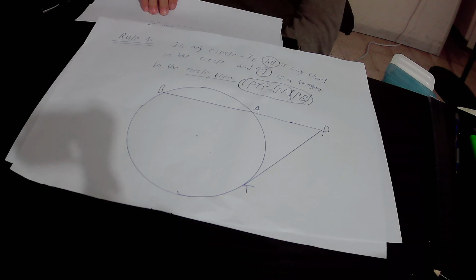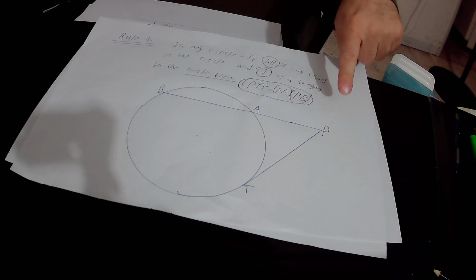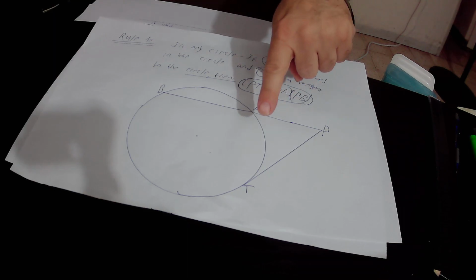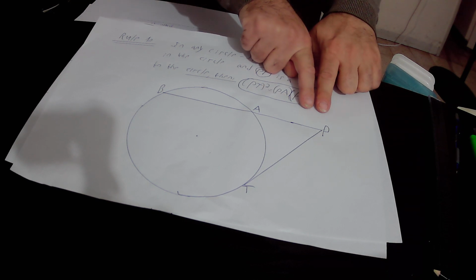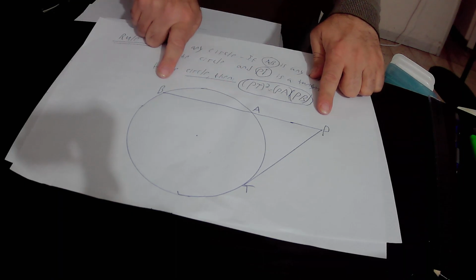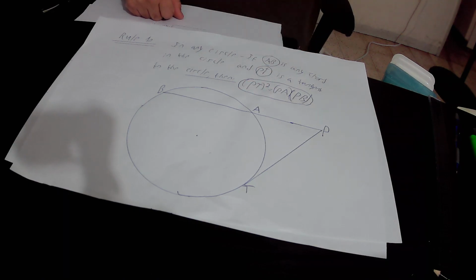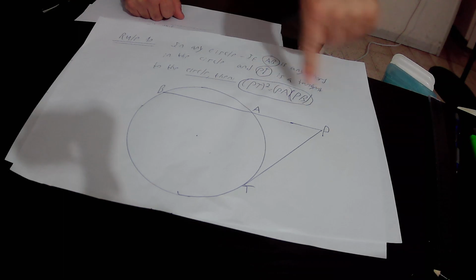According to rule number 10, if we have a circle and a common start point P, and from P we draw tangent PT, that is tangent to the circle at point T, and also from the same point P we draw line segment PB that cuts the circle at points A and B, then the following equation is true: PT square equals PA times PB. Again, PT square equals PA times PB.